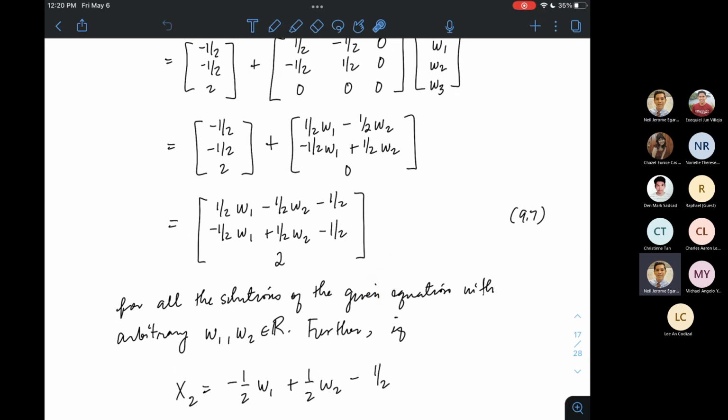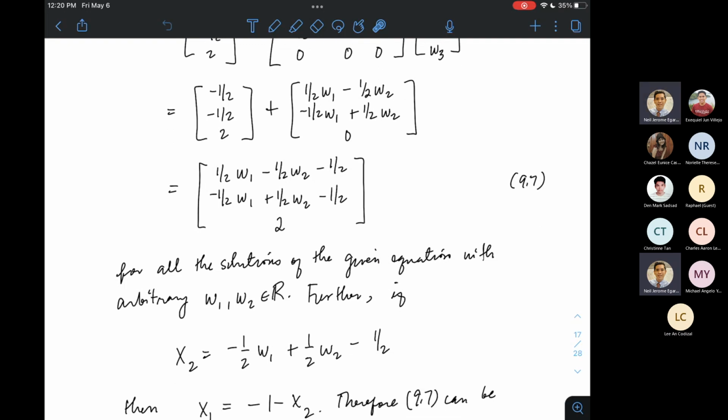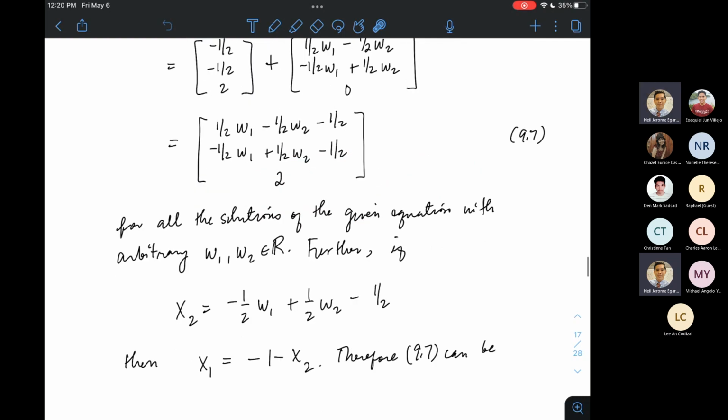Okay? Tapos ang mapapansin natin dito ay what? Kung ililet ko itong pangalawang entry, ito yung x2 natin. Alright, kung ito yung tatawagin kong x2, it is easy to see that x1 is -1 minus x2. Alright, so kasi magkamukha sila, if we take their sum will just be equal to -1.